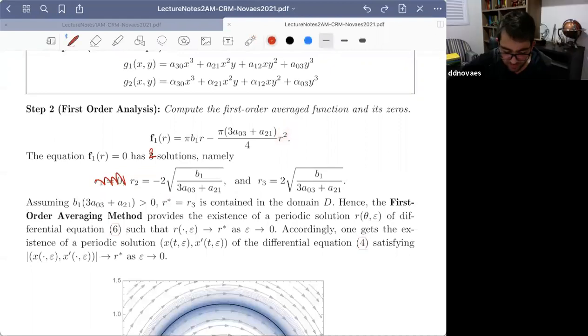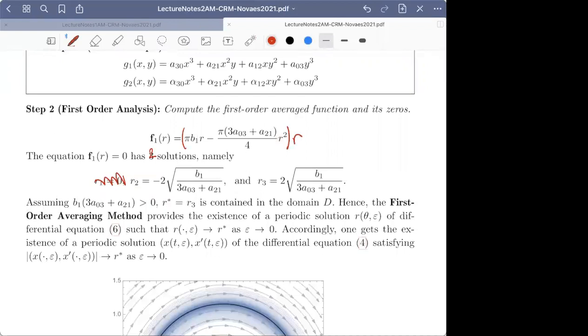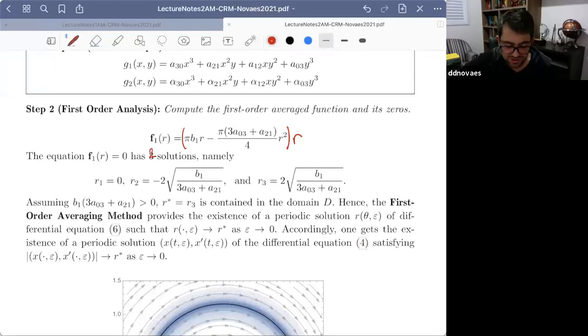I think that we have an R that multiplies everything. Actually, we have pi b1 R squared minus a constant R. Usually when you take an R in front, you obtain a function in R squared. This is why I think that your 2 is a 3, and then you will have the 3 solutions that you have written. Yeah, 2 is a 3, but 1 is a 2 here. Right?